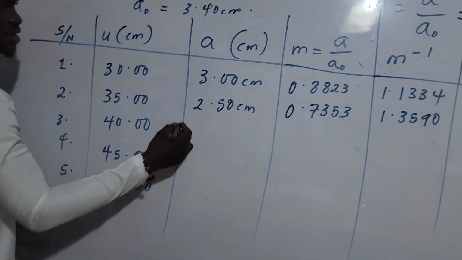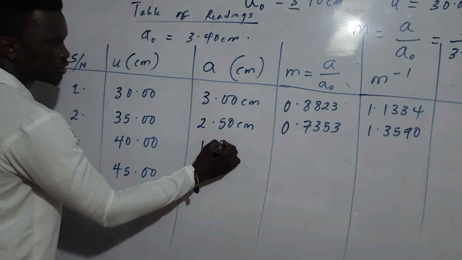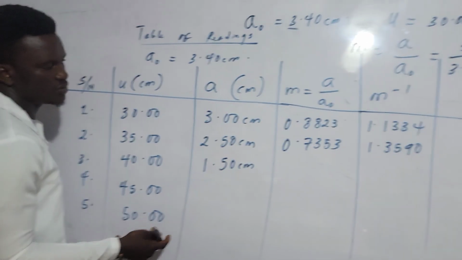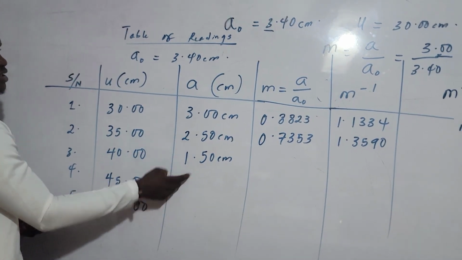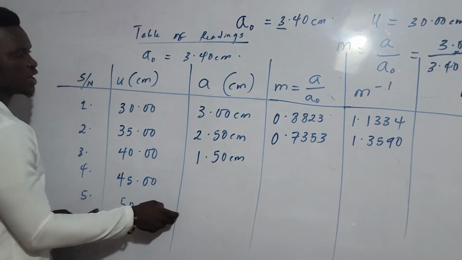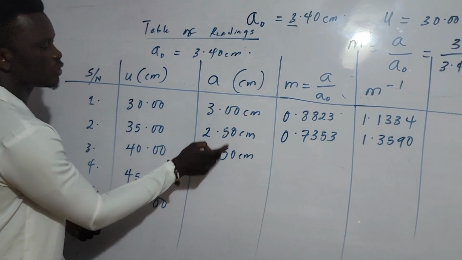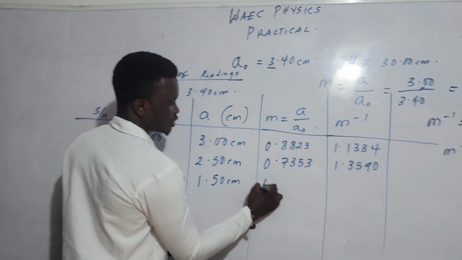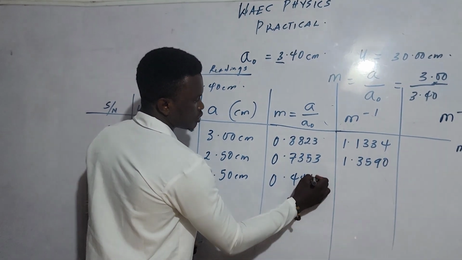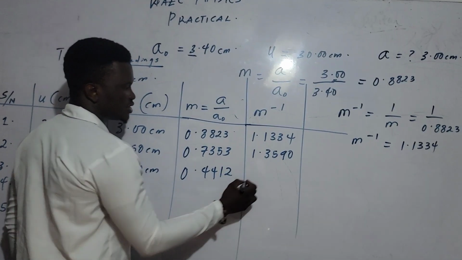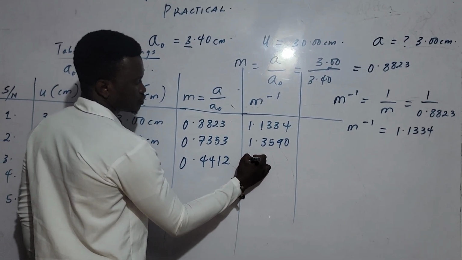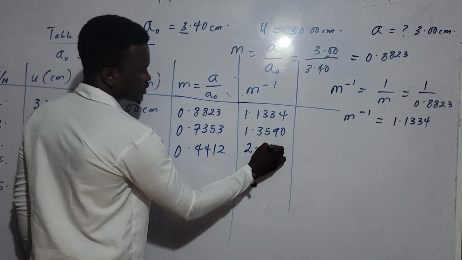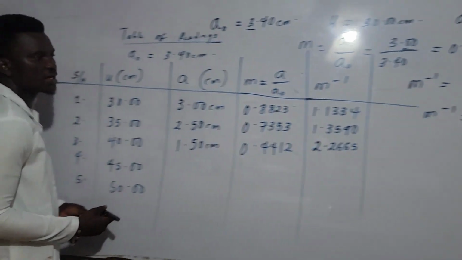So yeah, you can see that there's a bit of a trend here. What did you notice? There's 0.5 difference. So this was 2.5, 1.5, and this was 3.0. So let's check. What did you get? 0.4412. Then 1 divided by this answer. 2.2665. So that's the next one.